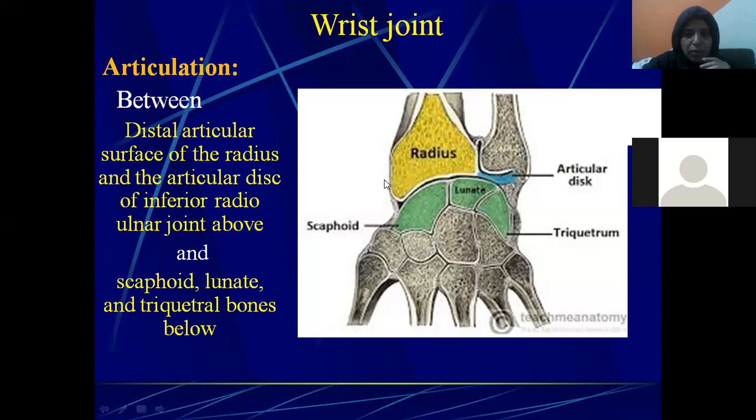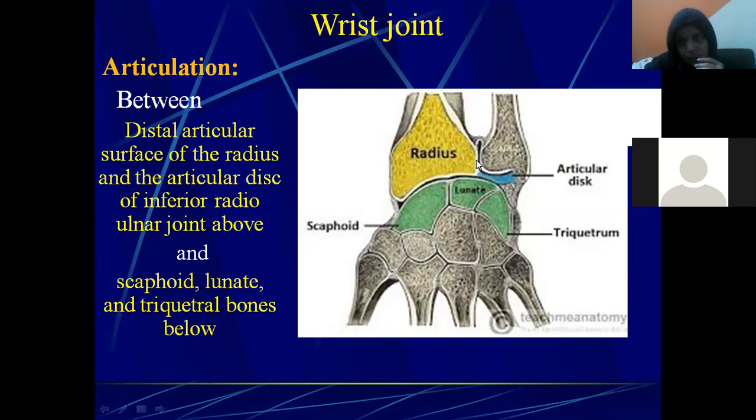See here, just now I told you the radius lower end has 5 surfaces, right? So this is the inferior aspect of the radius bone. I asked you to remember this code SL. So the distal articular surface of the radius articulates with scaphoid, lunate, and a part of the triquetral bones. Inferiorly, we have just studied the inferior radio-ulnar joint, where the head of the ulna articulates with the ulnar notch in the radius.